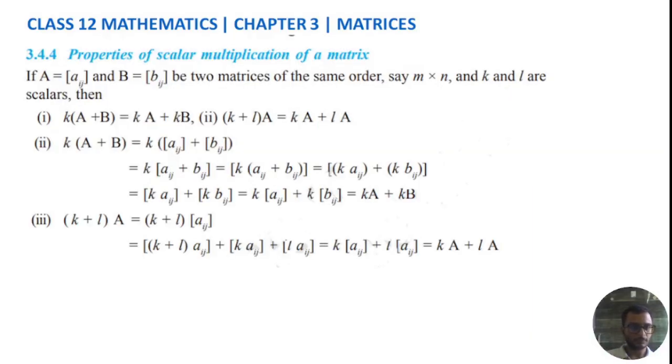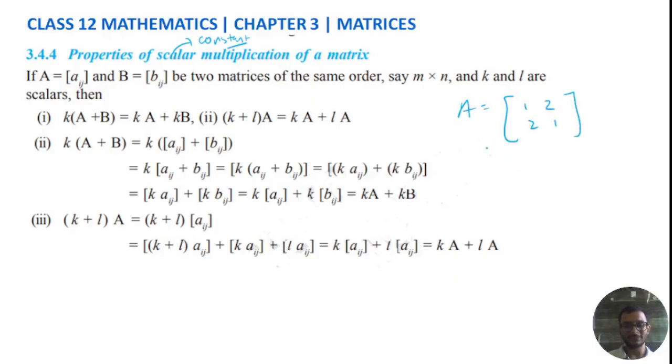Okay, so let's move quickly to the next topic, properties of scalar multiplication of a matrix. Before talking about the properties, let's see what scalar multiplication of a matrix is. First of all, scalar means constant, some constant number. Suppose I have the matrix 1 2 2 1.